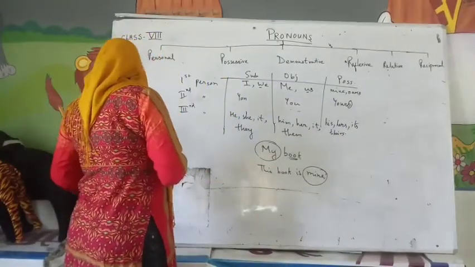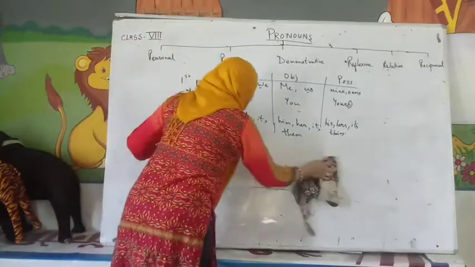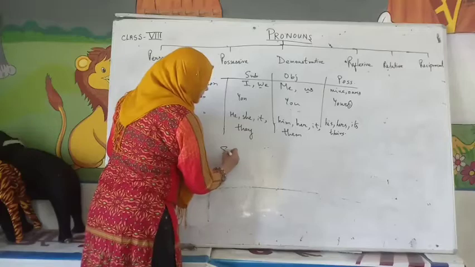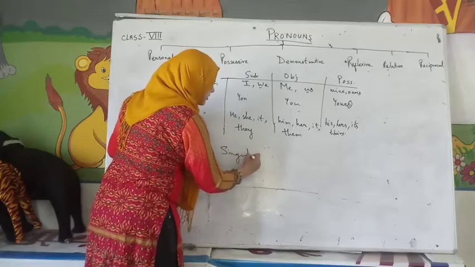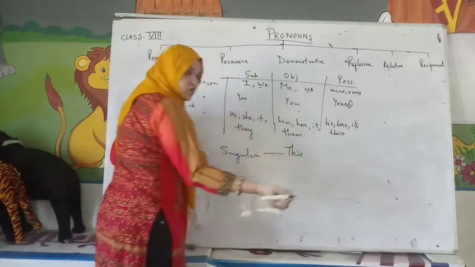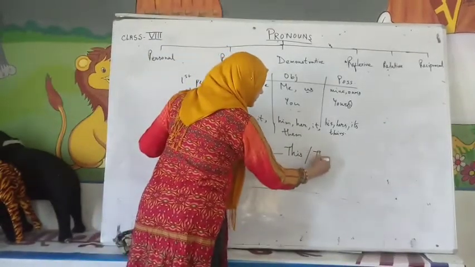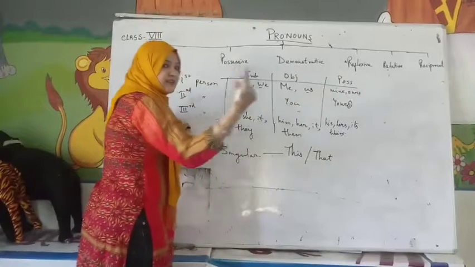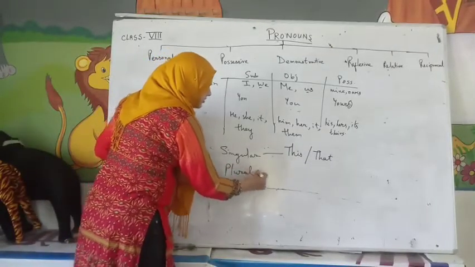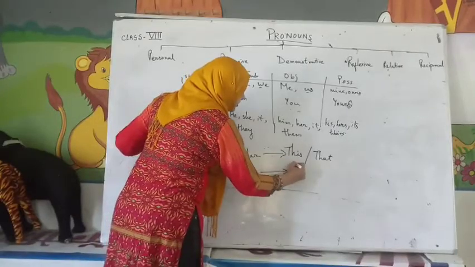Those, what are those? If it is singular, it is this, if it is close, and that, if it is far off. For plural, what will be?